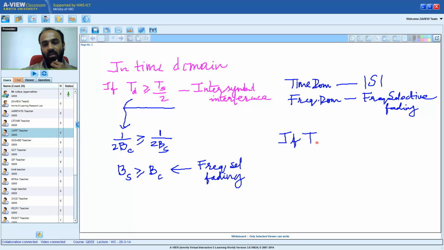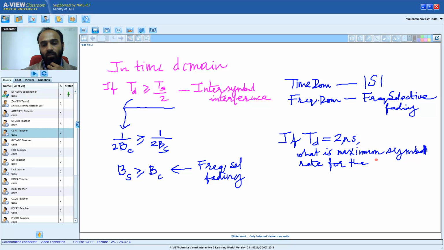If TD equals, let's say, 2 microseconds, what is the maximum symbol rate for the wireless channel? Can someone tell me this?